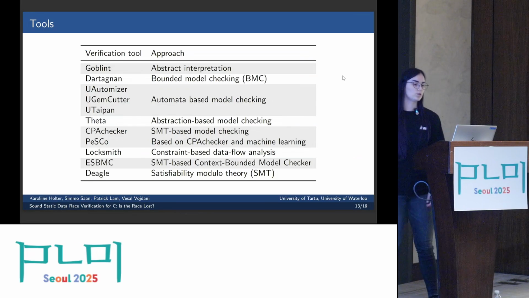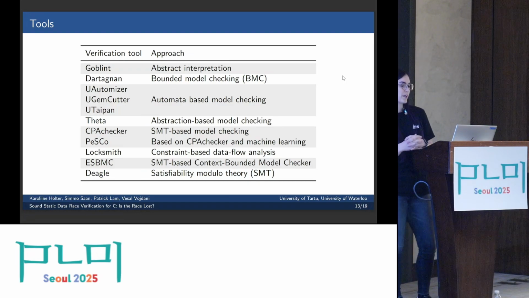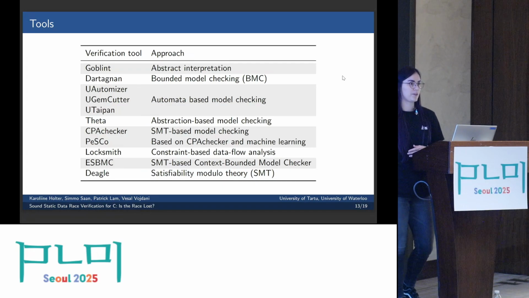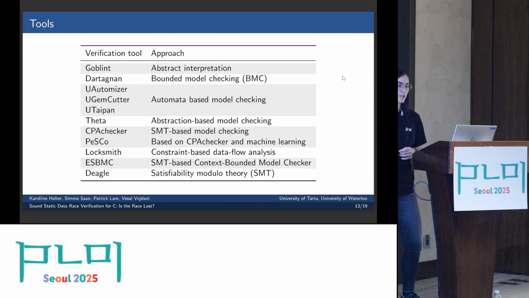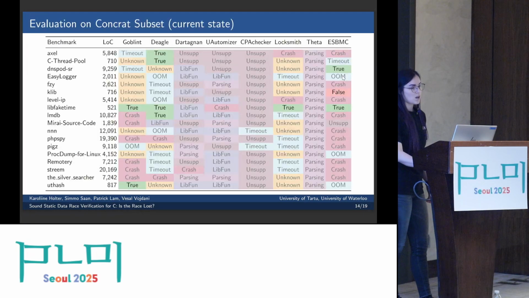For the tools, we used tools that participate in the international competition on software verification, SV-COMP, from the no-data-race category. These tools use various methods for trying to prove data race freedom in C. There are abstract interpretation-based tools, model checking tools, and also satisfiability modulo theories tools.